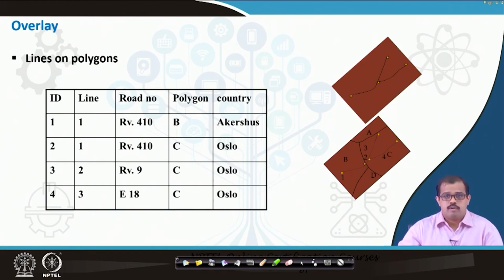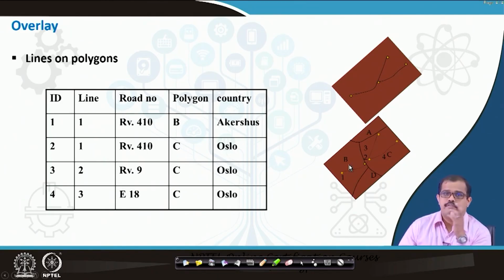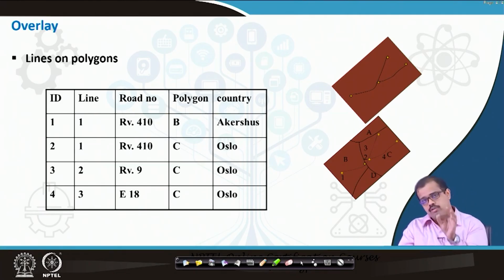Then you have lines on polygons. Let us say that this is a road line, and these are the different polygons. This is the one road line that is now proposed. Now I have to find out where this road goes, and which areas are affected.